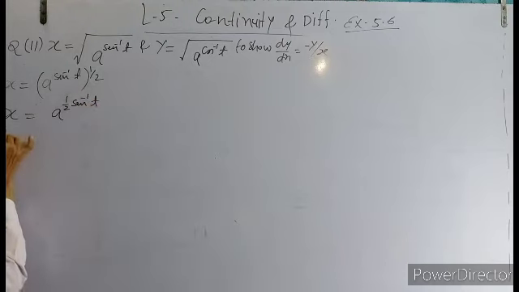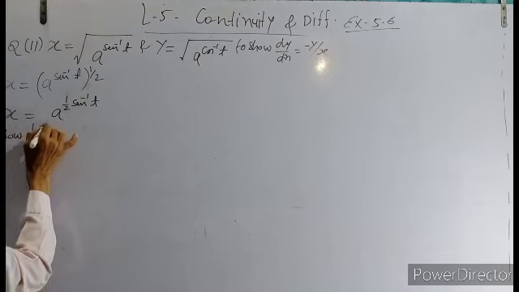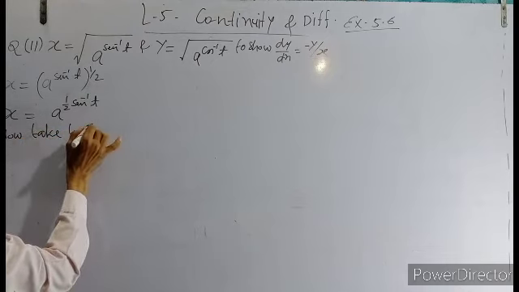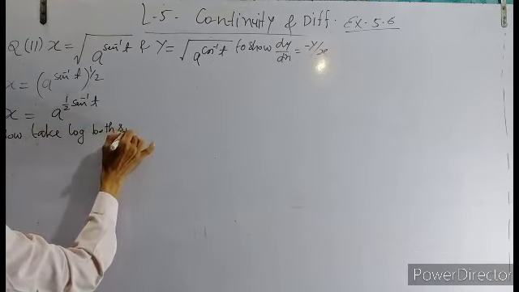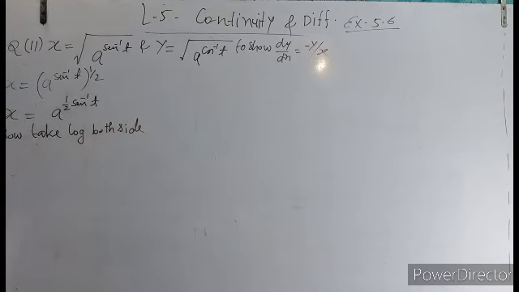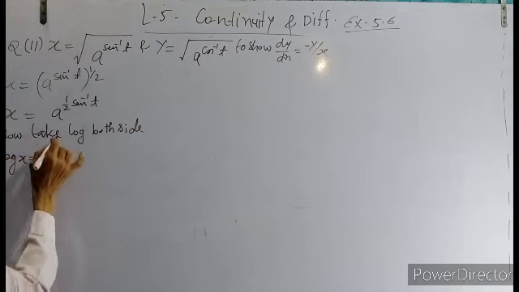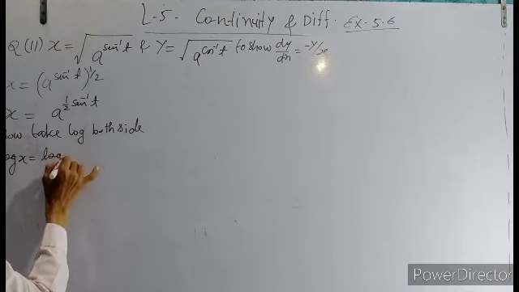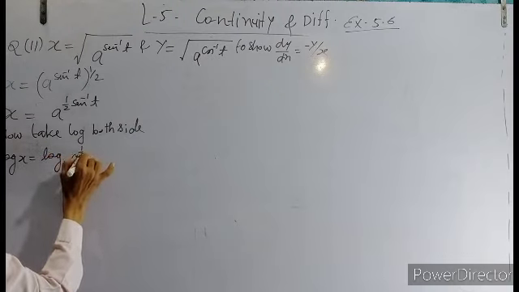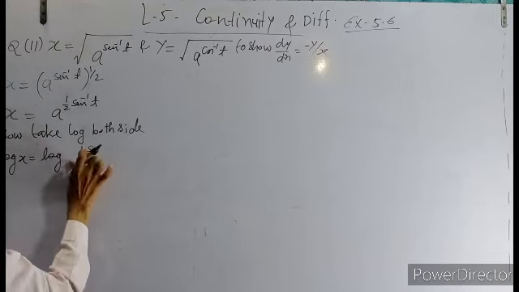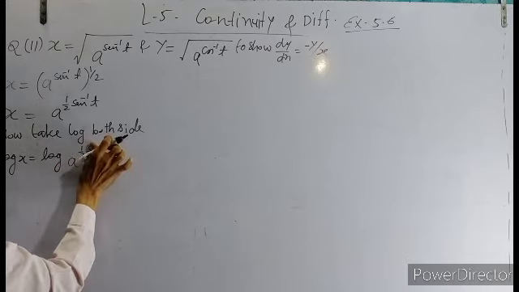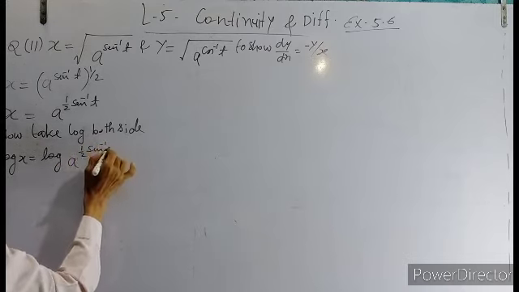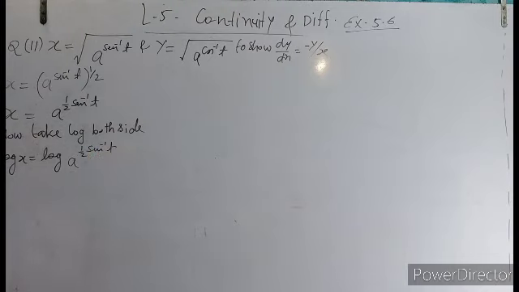Now take log both sides, because this is the exponential form, so we can take the log and simplify it. So log x equals log of a raised to the power 1 by 2 sin inverse t.